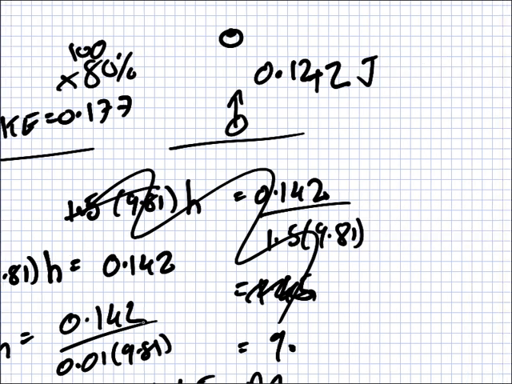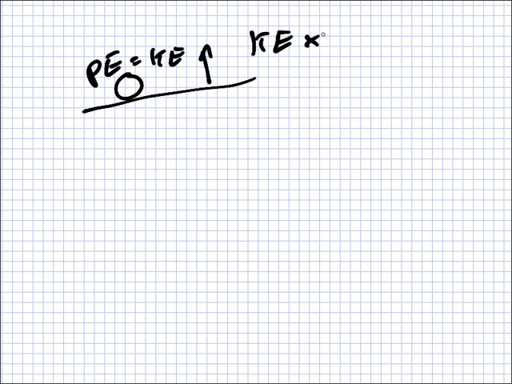Let me think about this. So we try and think of a formula. Here it has potential energy, and that becomes kinetic energy, but then on the way up it becomes kinetic energy times efficiency, like 80%. So kinetic energy times efficiency equals potential energy.